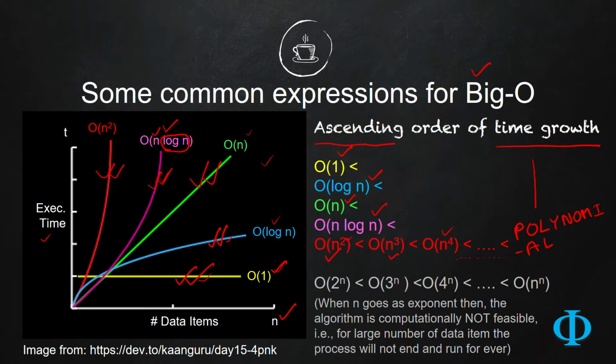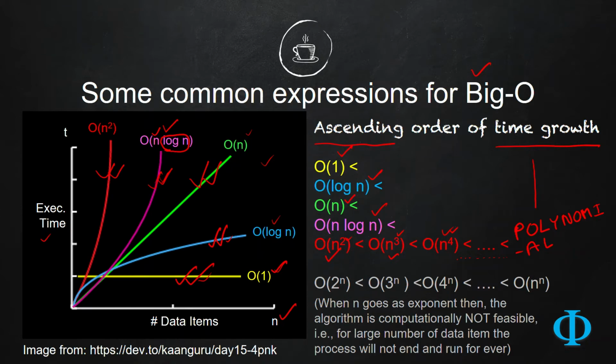That is, the time growth is in some form of polynomial of n, n raised to some constant number, 2, 3, 4, something like that. So if you can design an algorithm for a problem which takes polynomial time, that means you can solve the problem computationally and it is still an acceptable solution.